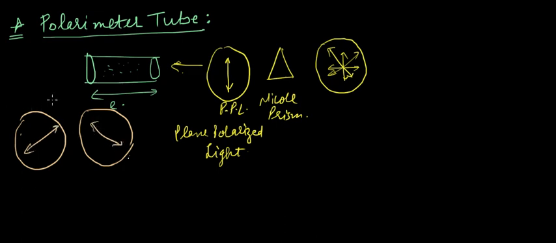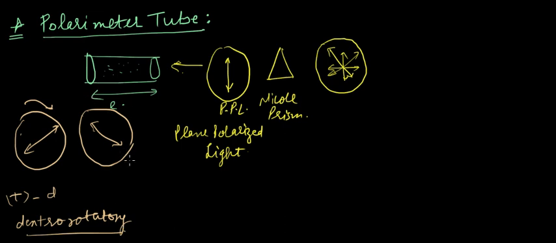If it sways in the clockwise direction, then it is called plus D, which means dextrorotatory. And if it sways in the anti-clockwise direction, then it is called minus L, which is called levorotatory.